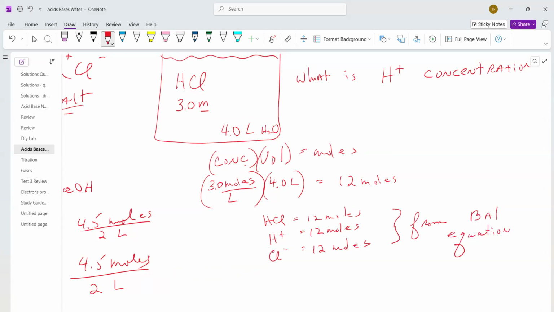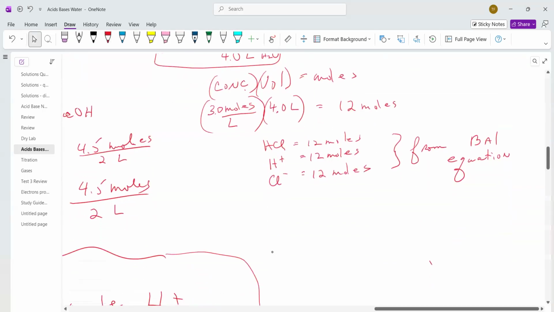It's 1 to 1 to 1. Okay, so what is the concentration then of H+ in here? Okay, we've got moles. Remember, square brackets is concentration.